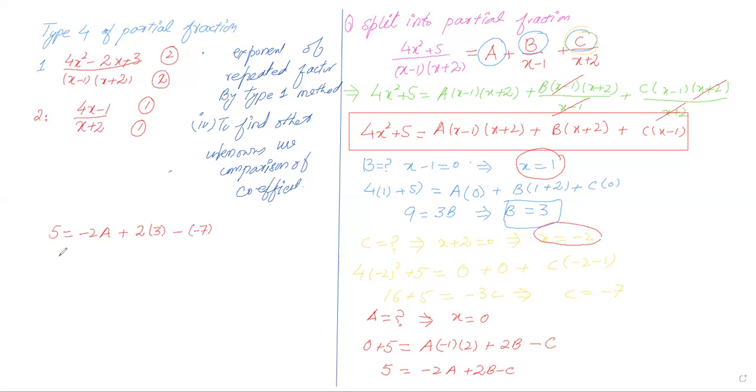So I will get 2A. I will shift it to the other side of the equation, so I will get 2A equals 6 plus 7 minus 5. 6 plus 7 becomes 13, and 13 minus 5 becomes 8, and 8 divided by 2, I will get the value 4.